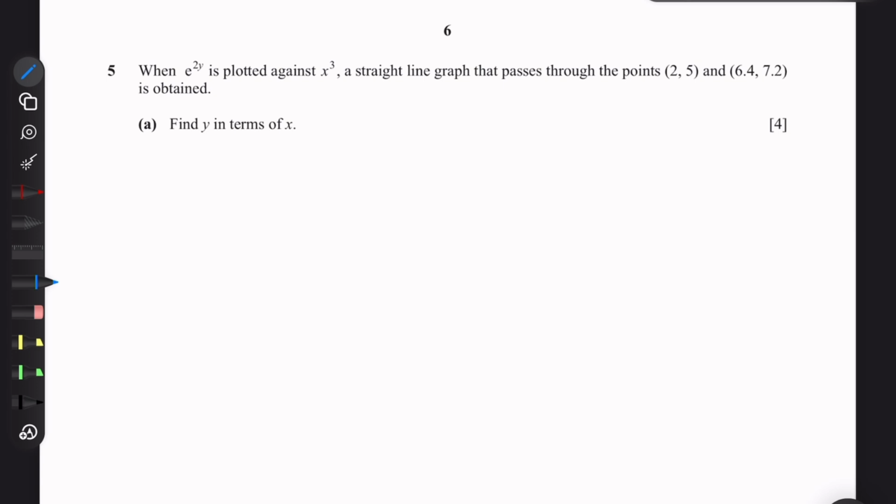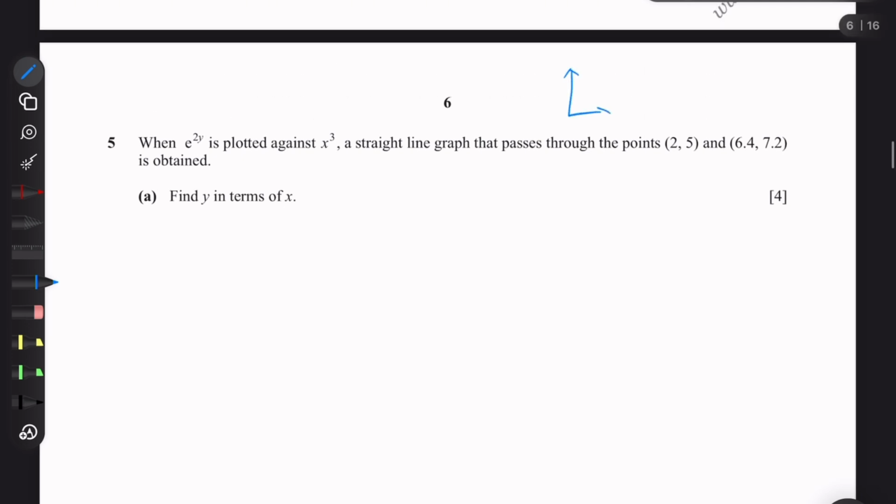Part 5, when this is plotted against x cubed, a straight line graph that passes through the points is obtained. Find y in terms of x. So we know that e to the power of 2y is plotted against x cubed.